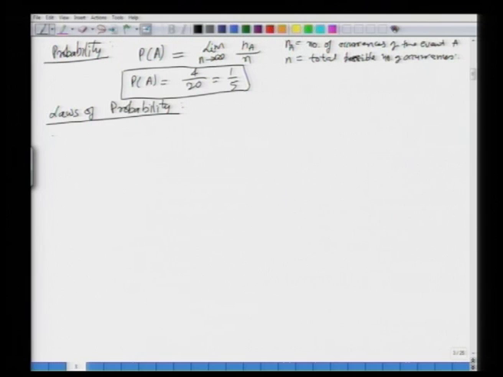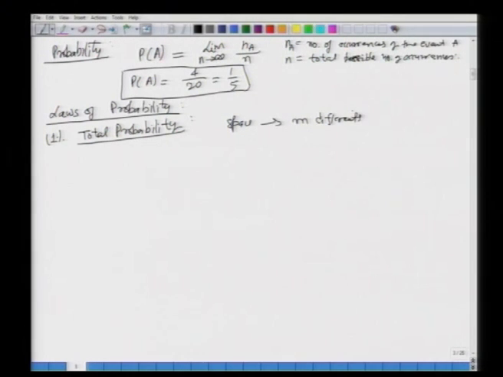There are many of them, and the first one which we will look at is called the law of total probability. Let us say that the total space you can divide into m different events, and let us say these are A1, A2, A3 all the way to Am.